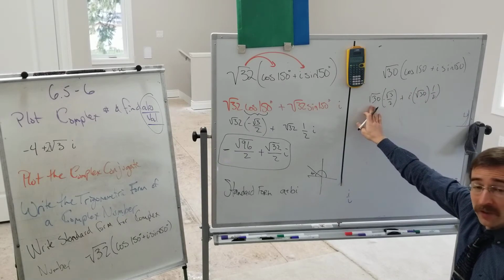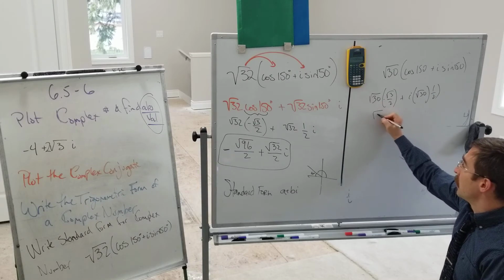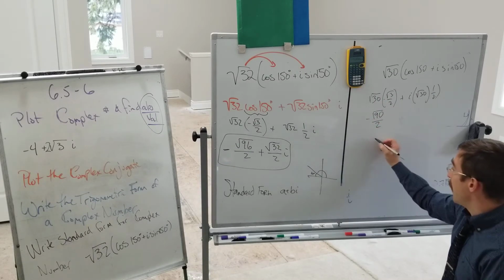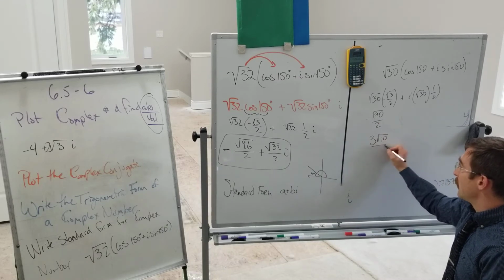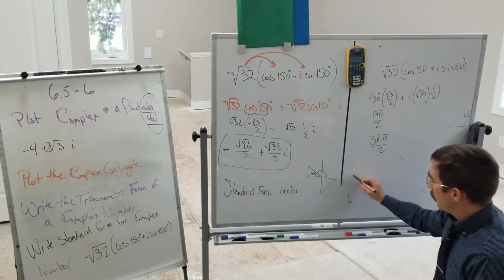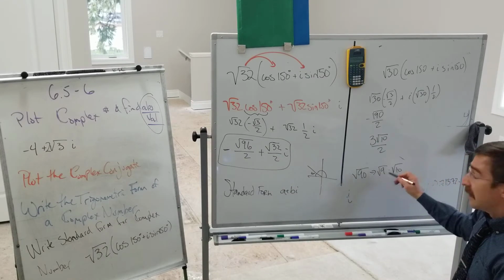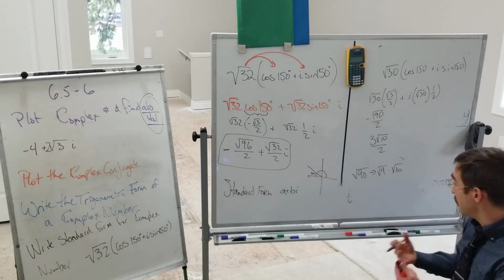The square root of 30 times the square root of 3 would give me square root of 90 over 2, and I could simplify that to 3 square root of 10 over 2, right? Because that square root of 90 is the square root of 9 times the square root of 10. You got to kind of watch out for that a little bit for simplifying.